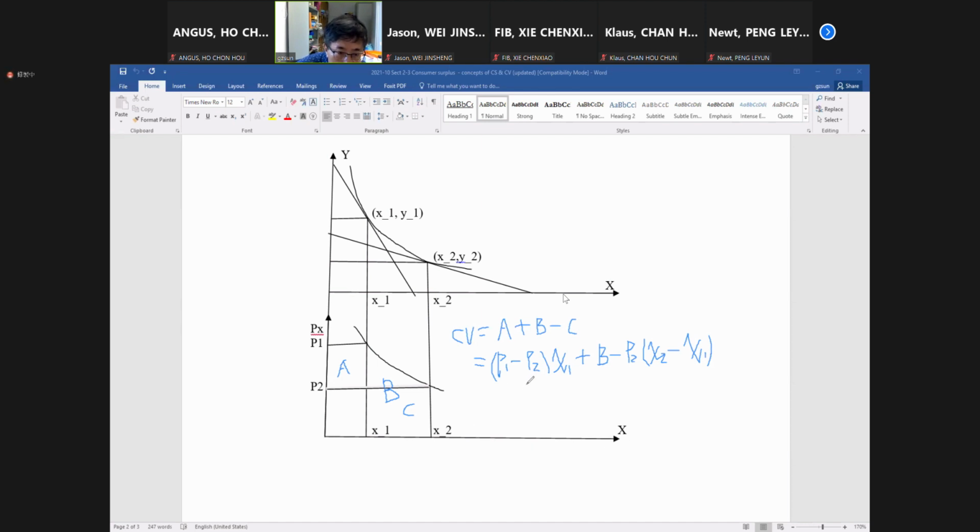If you consider carefully, minus P2X1 here plus P2X1, so we get P1X1 minus P2X2 plus B. Because this term and this term cancel each other, only P1X1 and P2X2 are left.